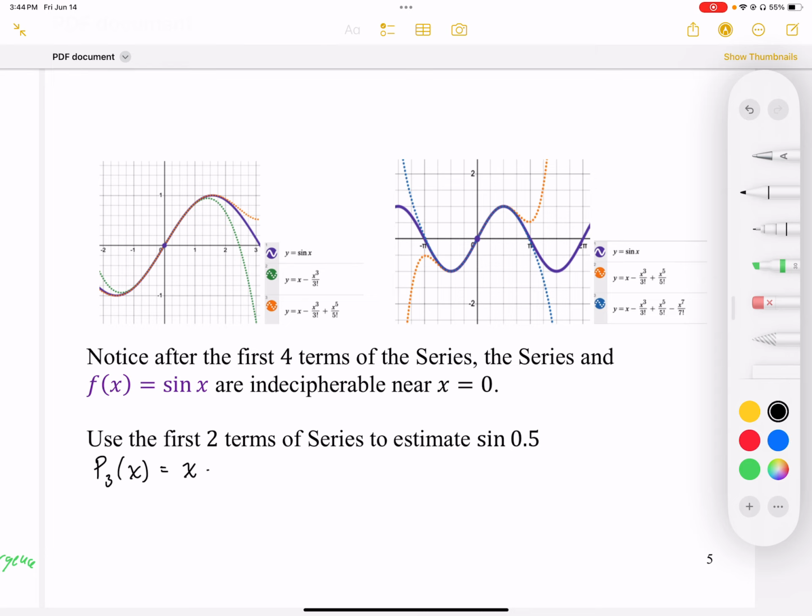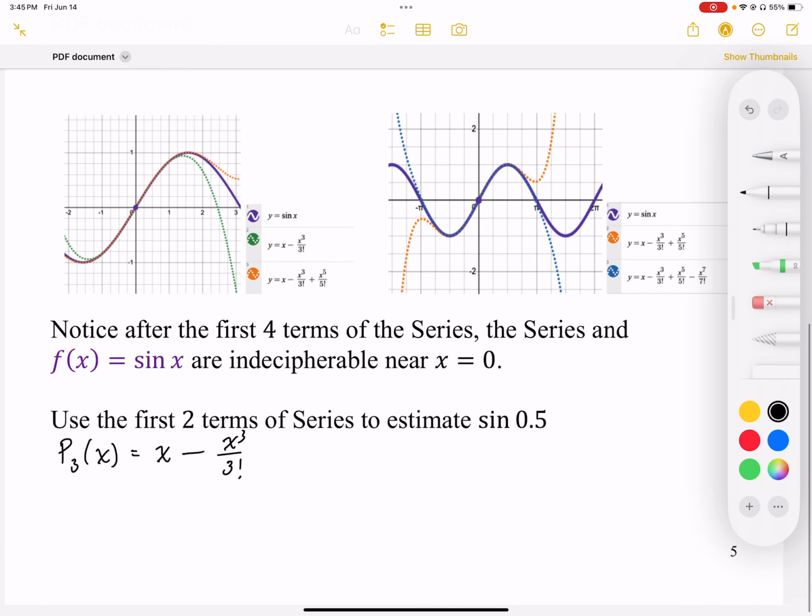That function is x minus x cubed over 3 factorial. And we're going to work out an estimation for sine of 0.5 by using that formula. So we're going to put in 0.5 minus 0.5 cubed over 3 factorial, and do the calculations for that.